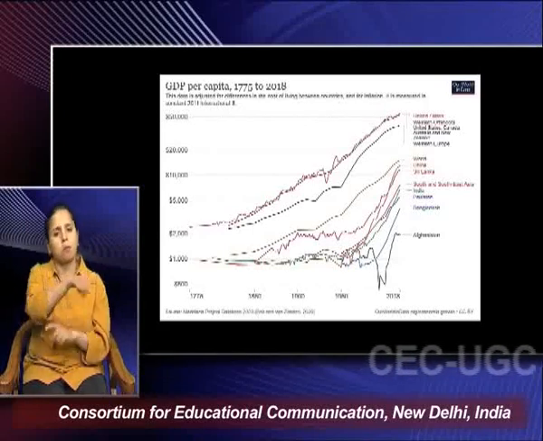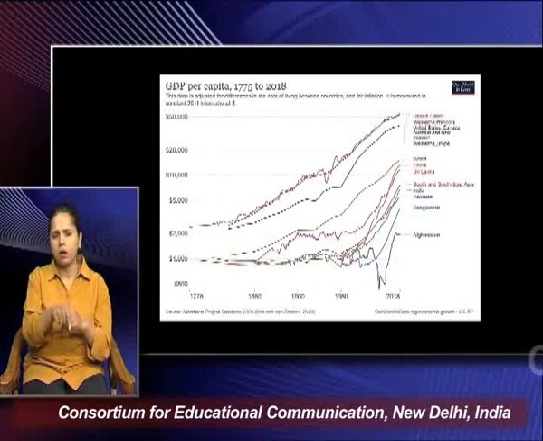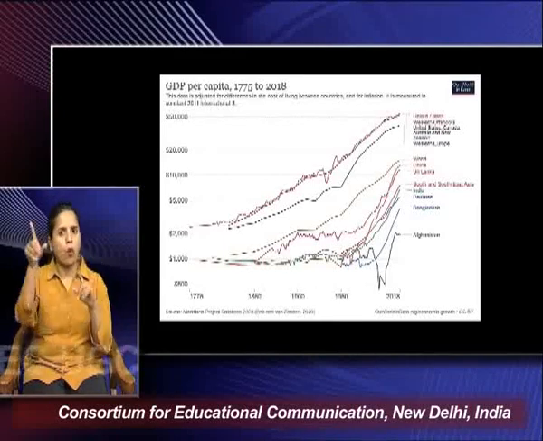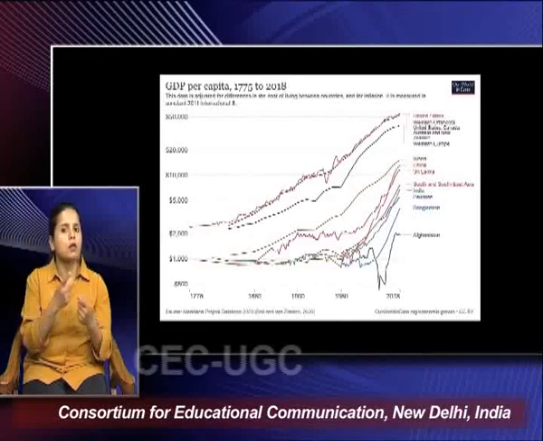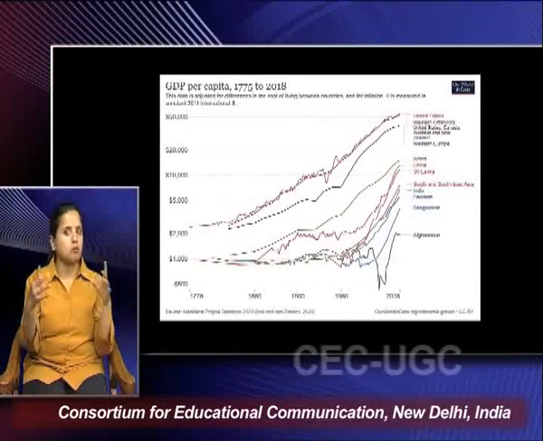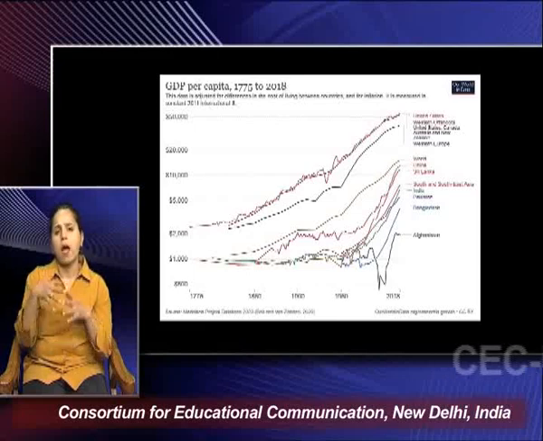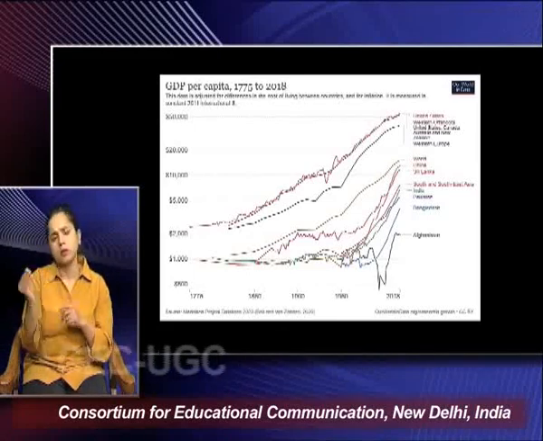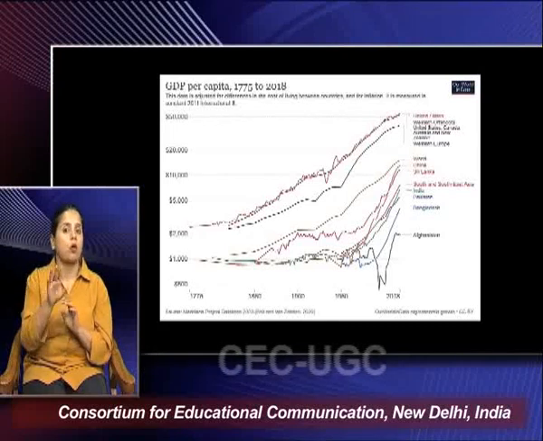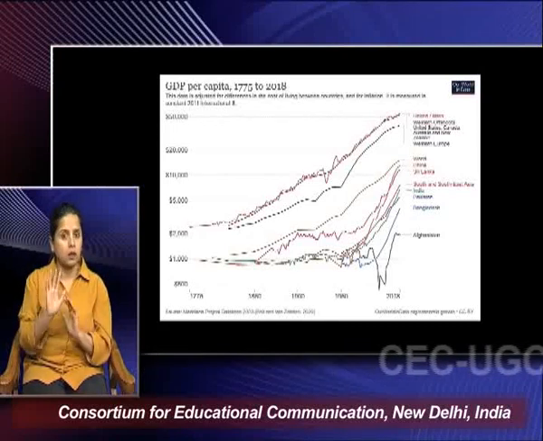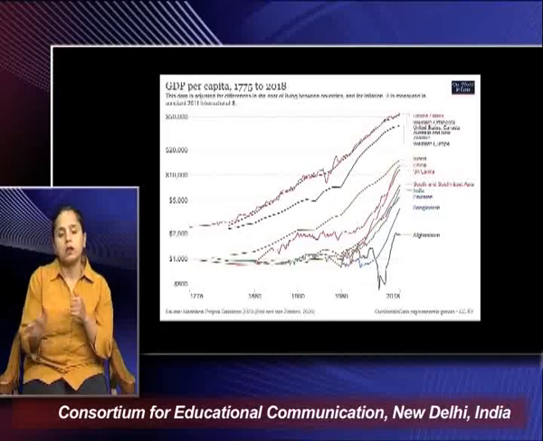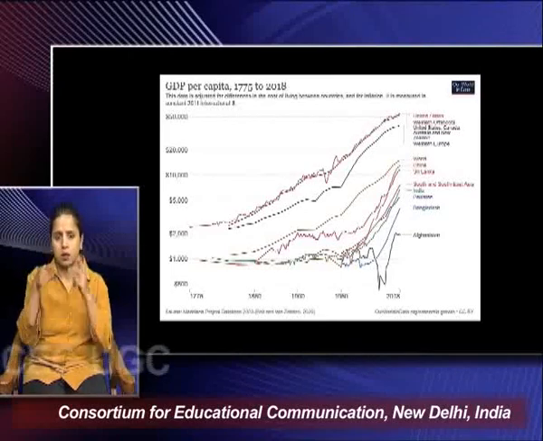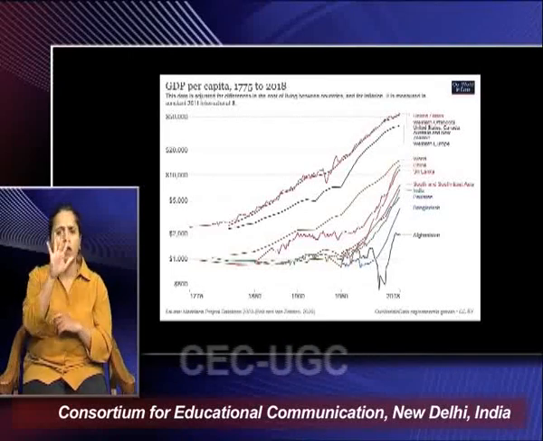But if you compare the differences in the standard of living of the citizens in different parts of the world, we find huge differences. So for instance, an average American citizen today has a per capita income of roughly about $50,000. And if you compare and contrast with people in South Asia, take for example India, Pakistan and elsewhere, the per capita income is barely about $5,000 to $6,000.